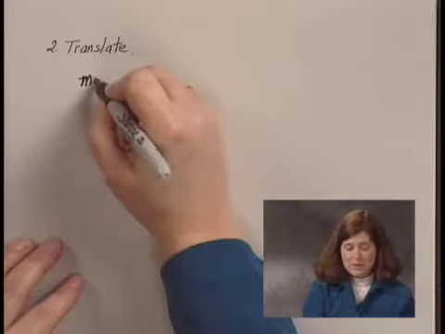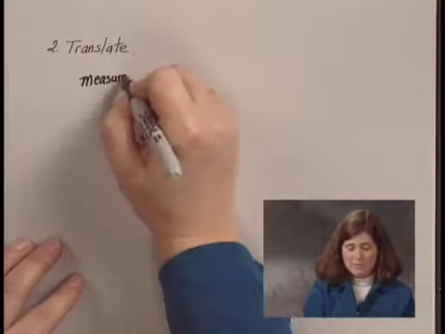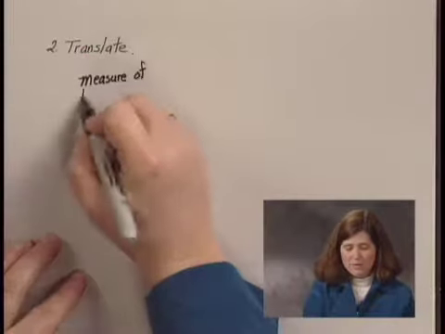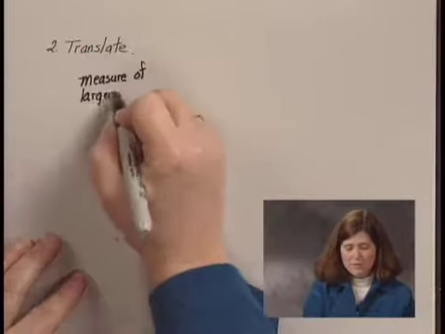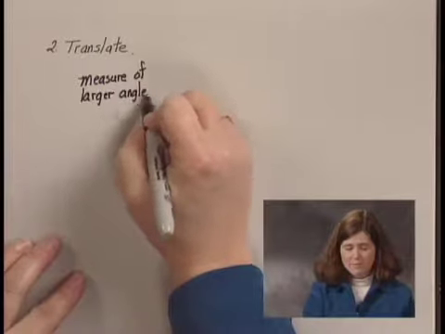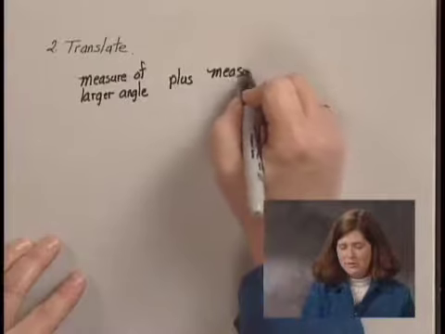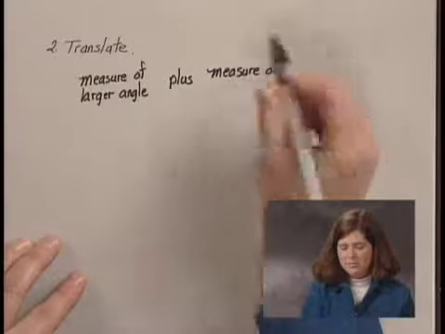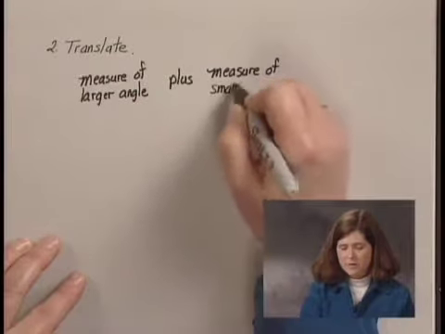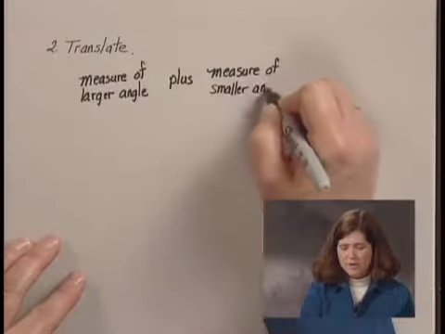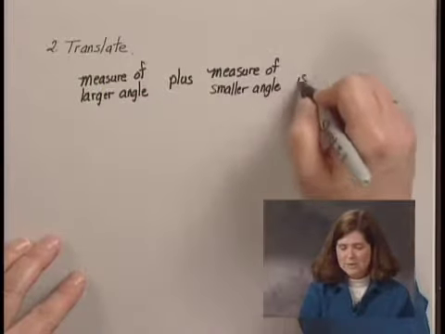So we'll say the measure of the larger angle plus the measure of the smaller angle, if you add those together, we should get 180 degrees.